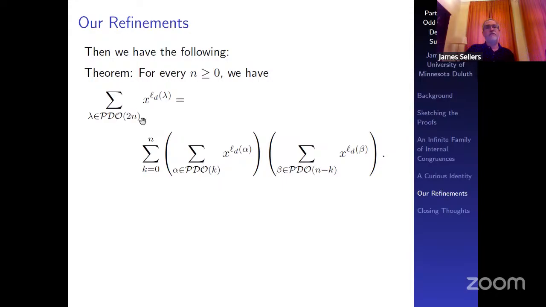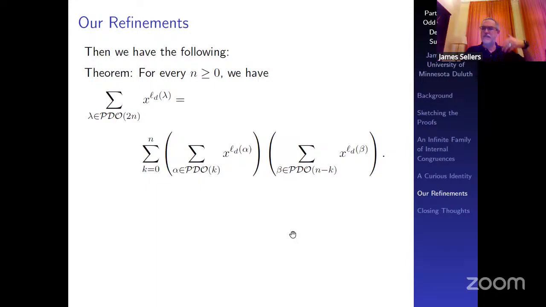So the left-hand side here is a polynomial statement now in x over those partitions, where the exponent is now keeping track of the number of different part sizes. And on the right, we have a convolution sum now. The alphas here have weight k. The betas here have weight n minus k. Remember, that's what the convolution sum looked like. And you have a polynomial identity on the right-hand side as well.